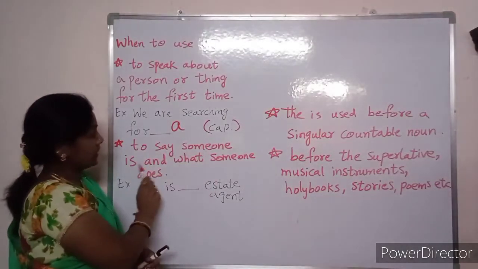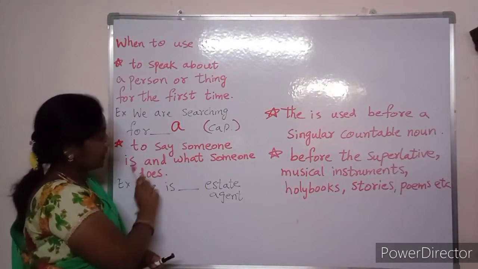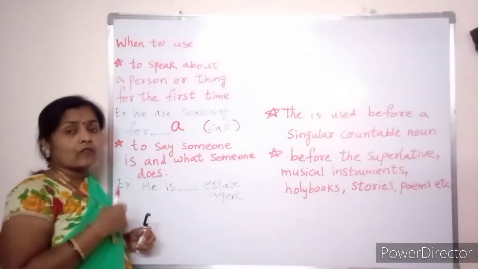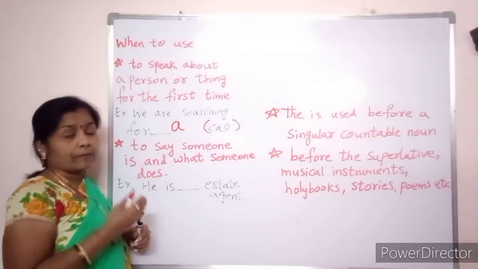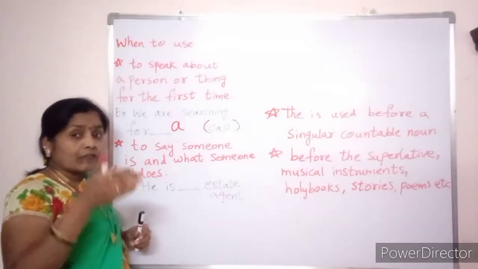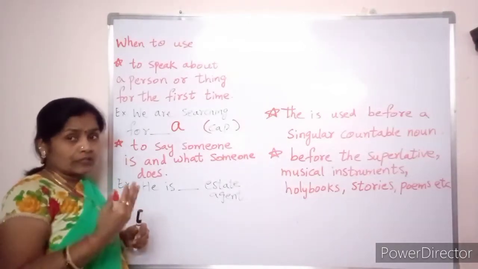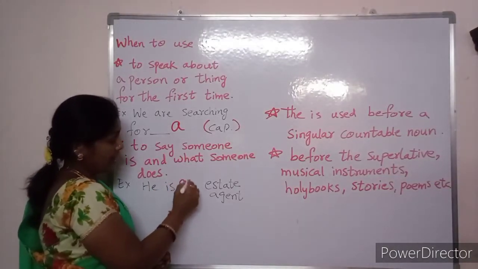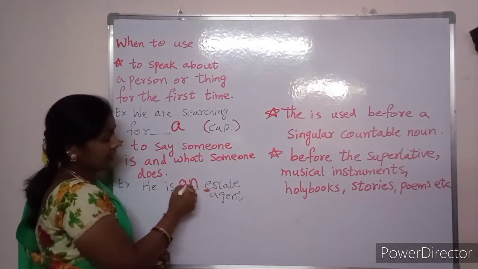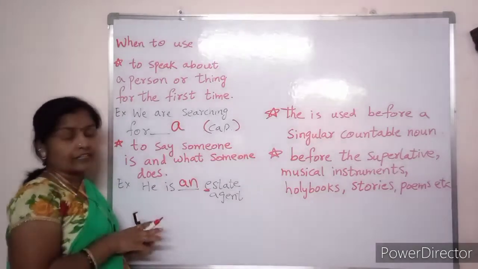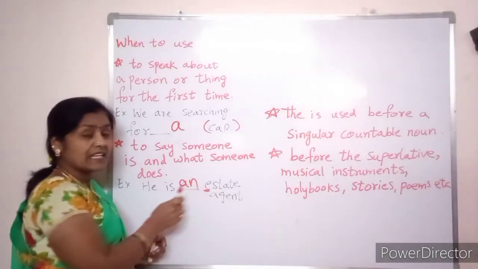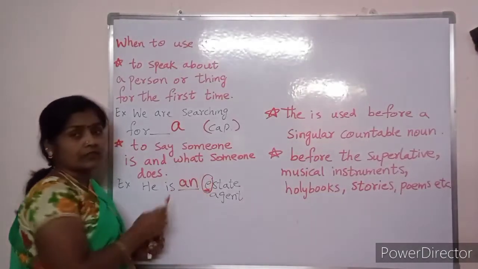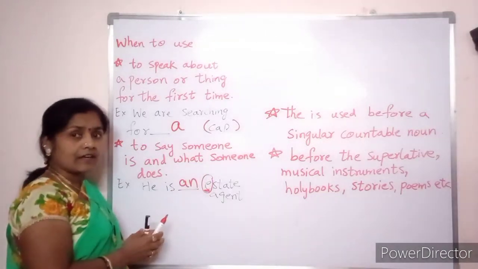To say who someone is and what someone does. To tell about people, what they are doing, what they want to do and what they will do, in such cases we will use a or an. Why did I write an estate? I could write a here, but I have written an. Why? Because e is a vowel.